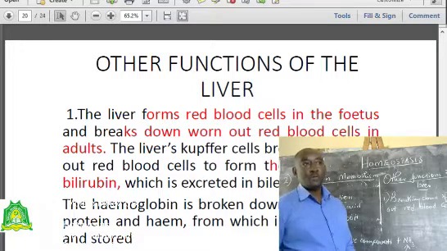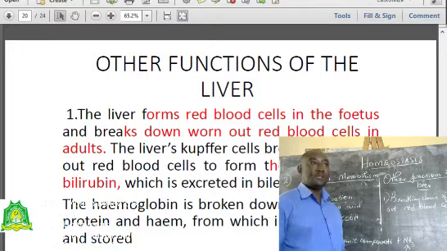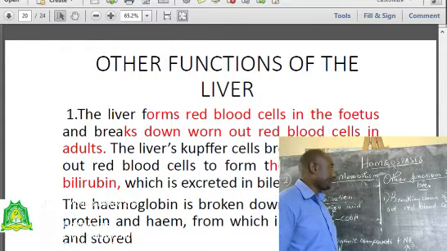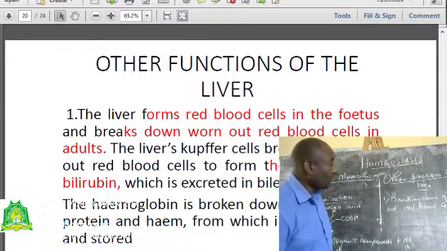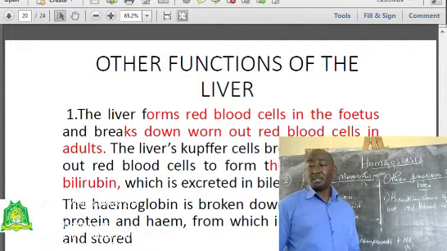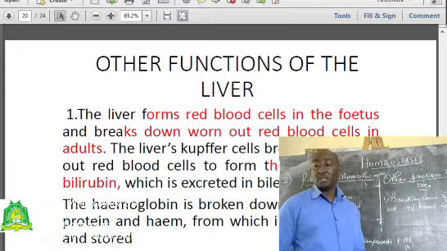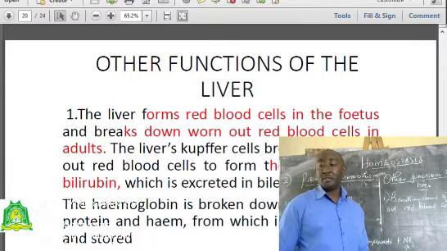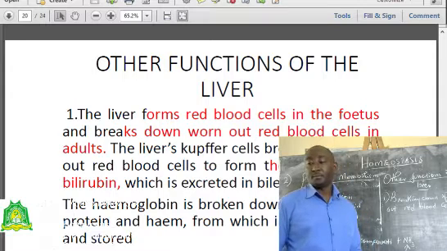So note that all of them are not formed at once. That means that even as the ones are formed, others are also being broken down. So when it comes to the fetus, the red blood cells are broken down in the liver. Now, how is this one possible?